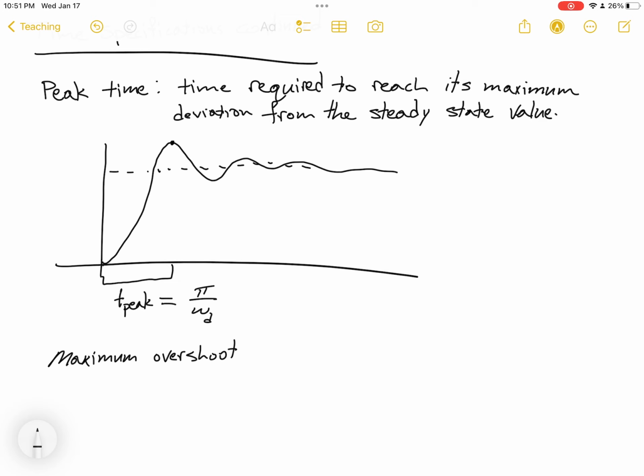It's a measure of how far past the steady state value the system shoots before returning. So it's a ratio of the maximum deviation to the steady state value.